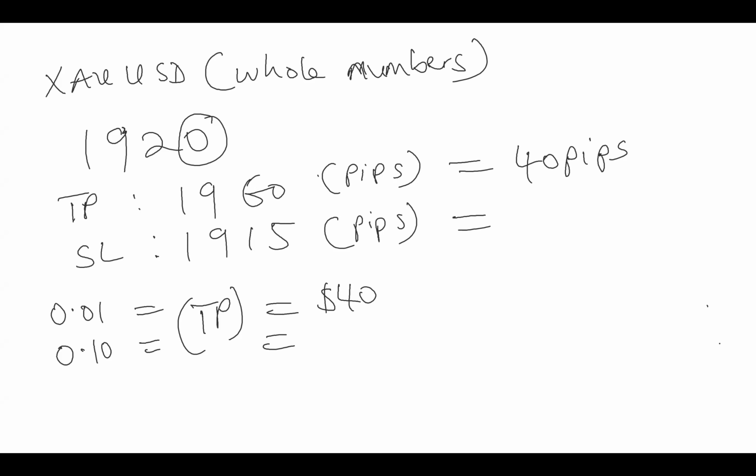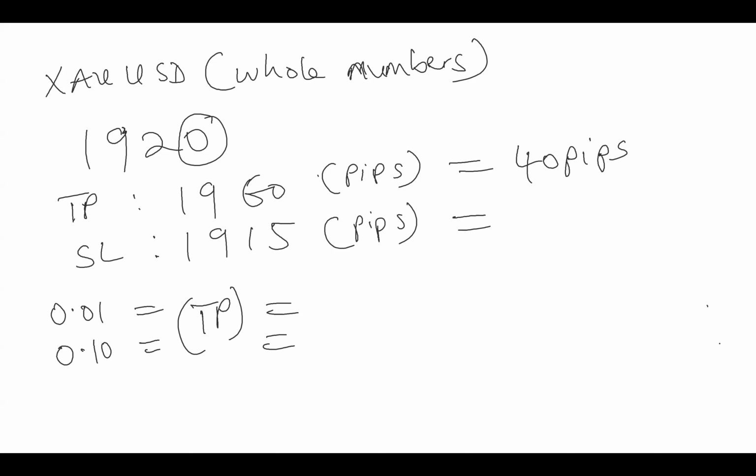You guys are making this mistake. Okay, $4, all right. 40 pips, then $4 on micro. Amazing. That's correct. Ifoma, where are you getting 160 from? That is not correct.